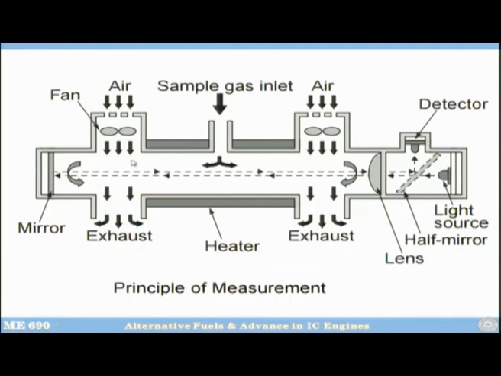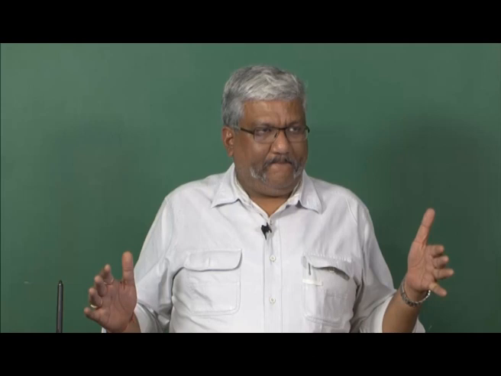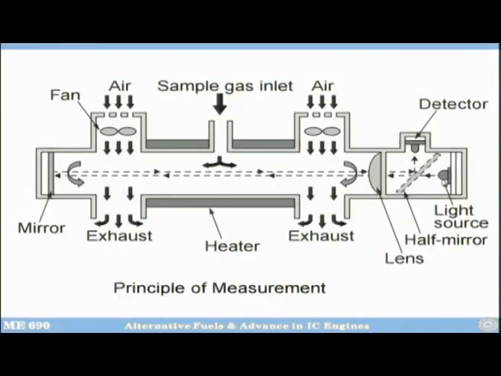So, sometimes you want to make compact systems. When you want to make a compact system, sometimes you act smart, and this smartness is shown in the design of this instrument. So, there is a light source here, and this is the tube.